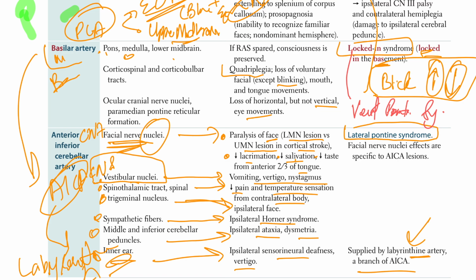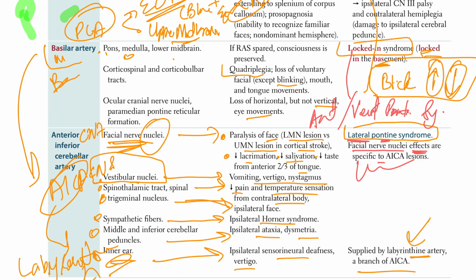And ventral is always known as anterior. Anterior is the same thing as ventral, right? So here we have the lateral pontine syndrome, in which the facial nerve nuclei are affected, specific to ICA lesions.